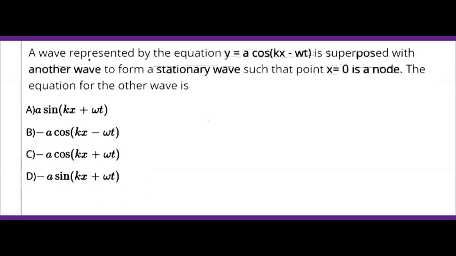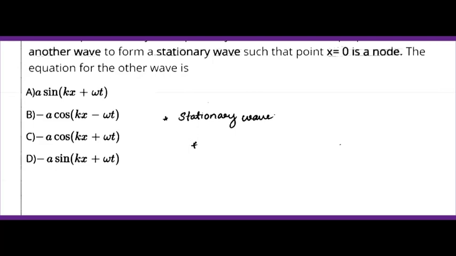A stationary wave, or a standing wave, is formed when two waves of the same frequency and amplitude travel in opposite directions.